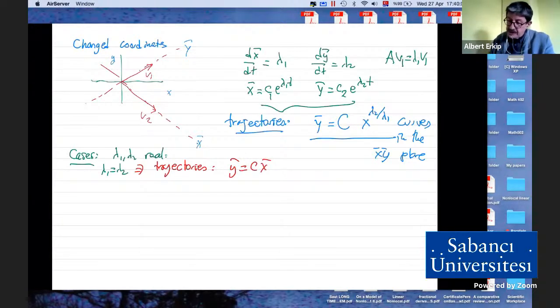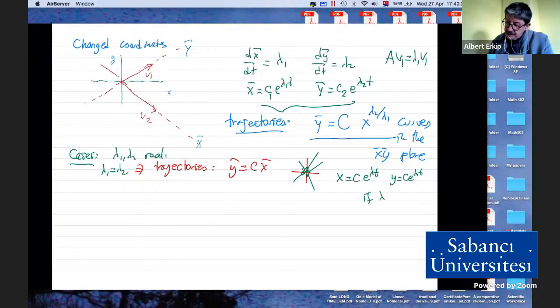So basically, what sort of picture do I get? The picture I get is something like this. These are the trajectories, and they are half lines, because x is c e to the lambda t, y is c e to the lambda t.